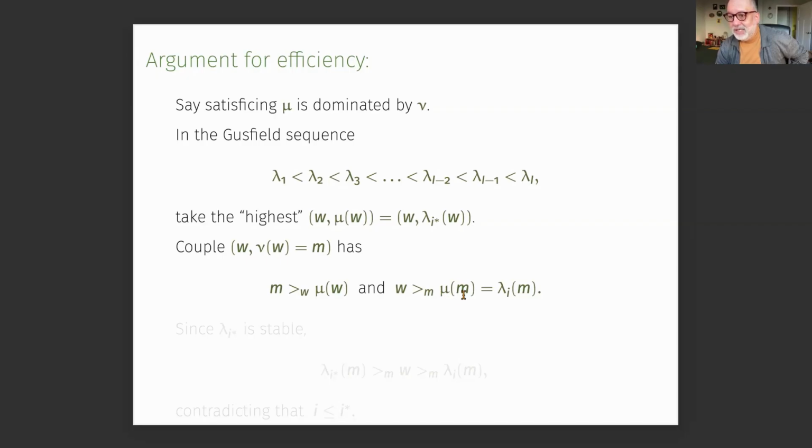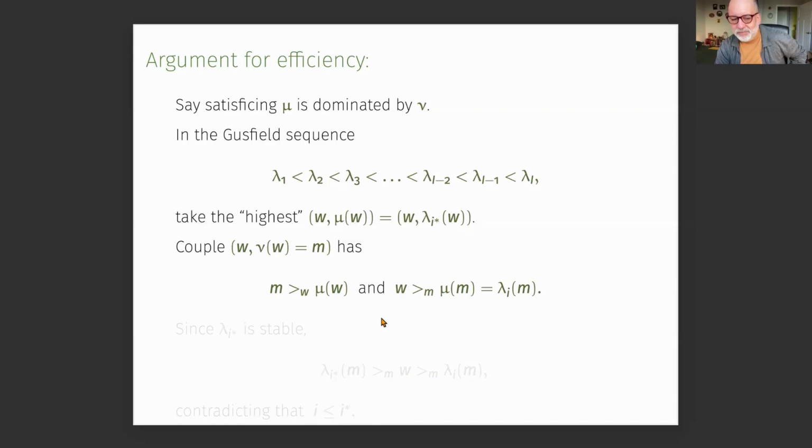This is Jane. And Jane is lambda I of Martin for some I that is supposed to be lower than I star because I star was the highest possible matching. So if Martin is better off, it has to be that he was not with Karen, so he must be at a lower matching than I star.